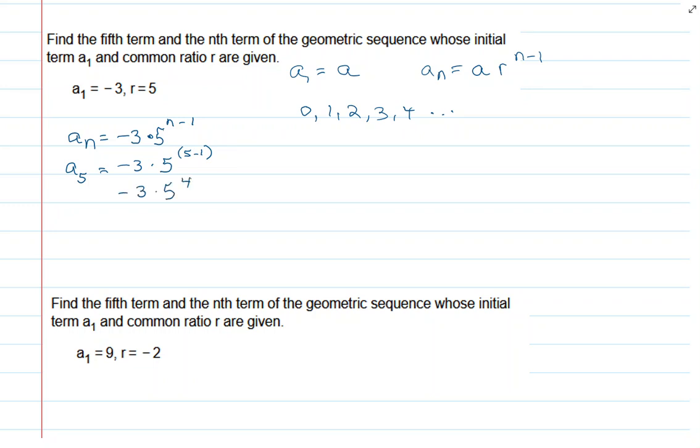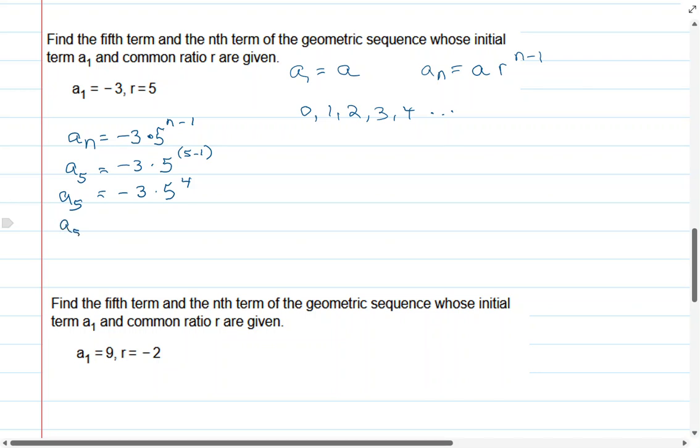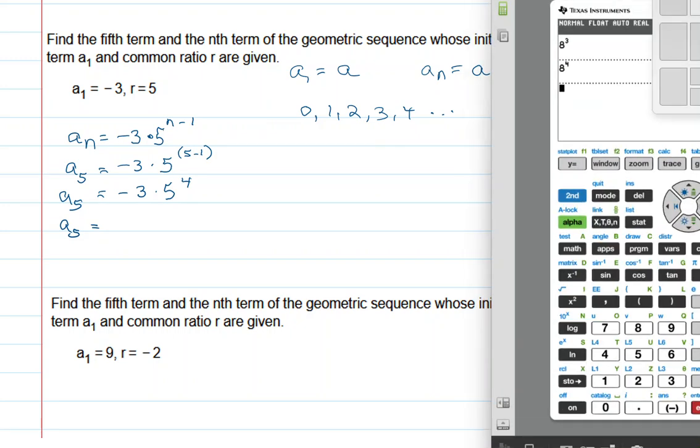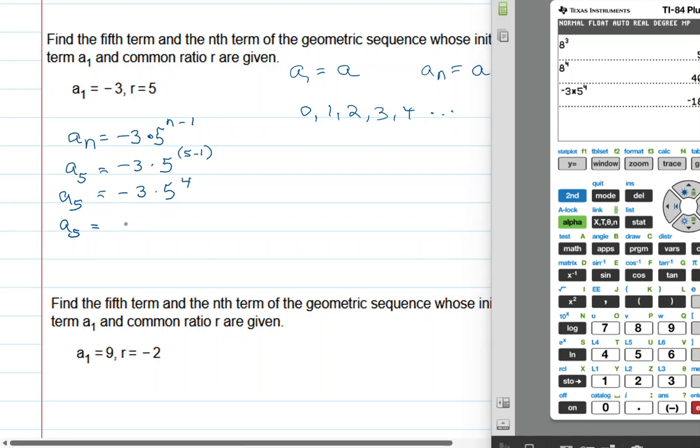And we would stick that in our calculator. And it's going to be negative, folks. It's going to be negative. -3 times 5 to the 4th. I got it. Just making sure I entered right.